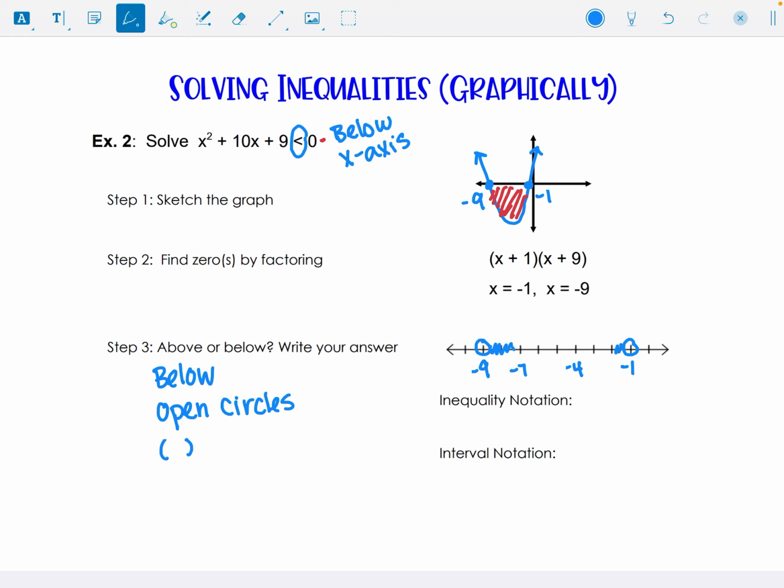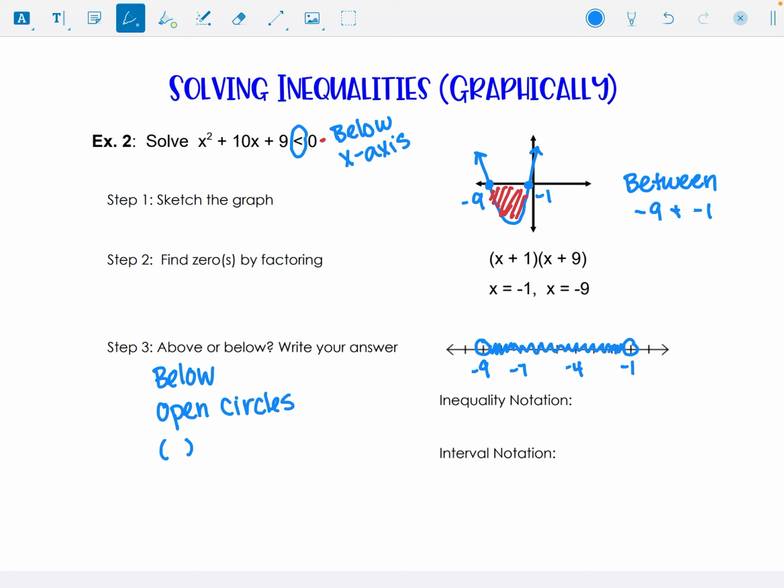So essentially I shaded that whole area between negative 9 and negative 1. Okay, so all of this work that I'm going to show you here is how to say that you're shading or you're including areas between two numbers. So I shaded between them on the number line.